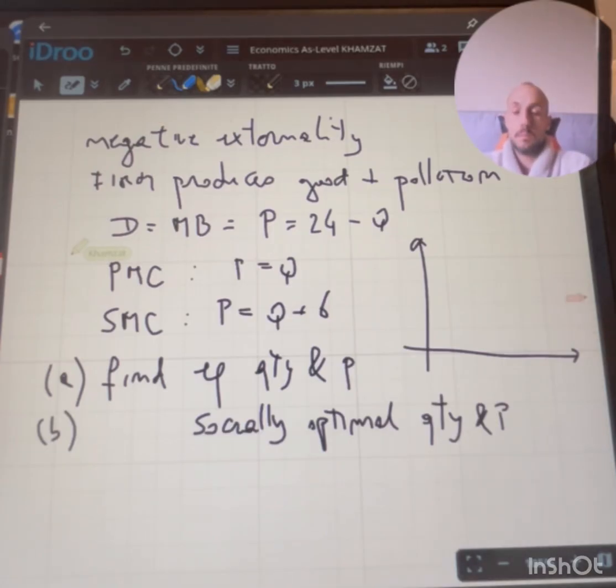So, that's D right here, right? Yes, which stands for demand. Demand, which is the marginal benefit, which is equal to price, which is 24 minus quantity. The dependence is price equals 24 minus quantity.